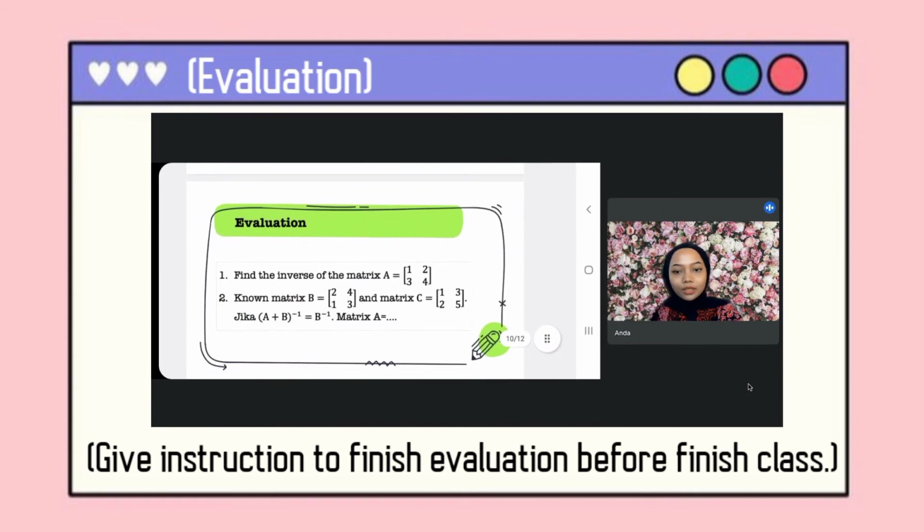Okay, so class, do this evaluation right now. Who can finish it first? I will give you a plus point. I will add your point with a plus 1.